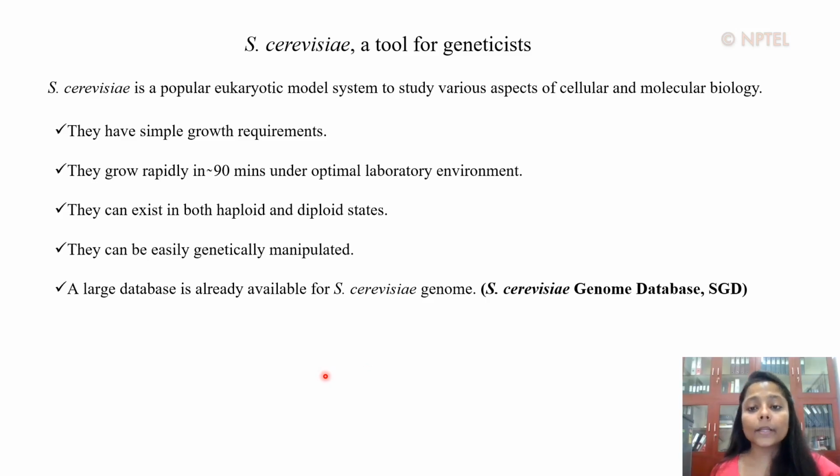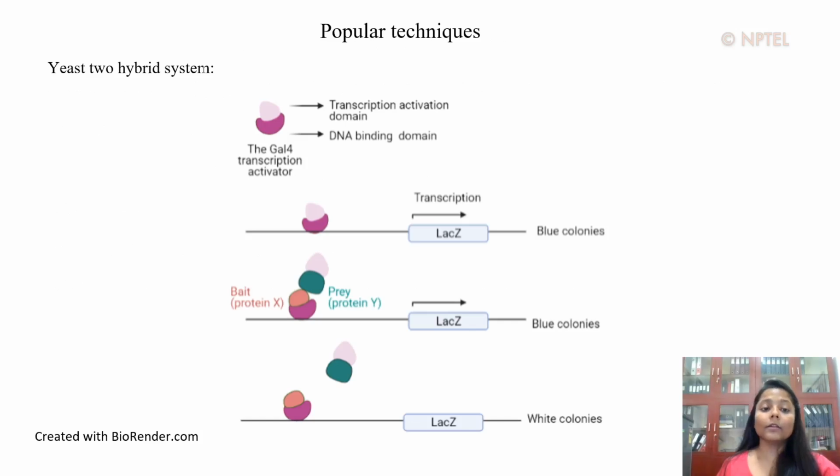There are also many popular molecular biology techniques which were initially standardized in Saccharomyces cerevisiae. The first one is the yeast two-hybrid system. Here we use a gene referred to as LacZ. This gene encodes a particular protein called beta-galactosidase, which in the presence of X-gal can turn the yeast colonies blue. The transcription of this LacZ gene is regulated by a transcription activator.